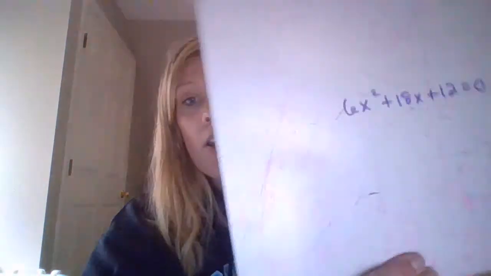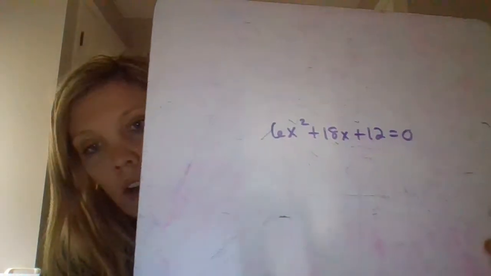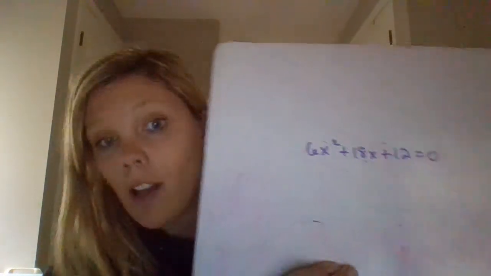Okay, so this problem here has a couple different things that you're doing. The first thing is that you are solving. So you're going to do the crisscross. But before I do the crisscross, this is specific to number 5.